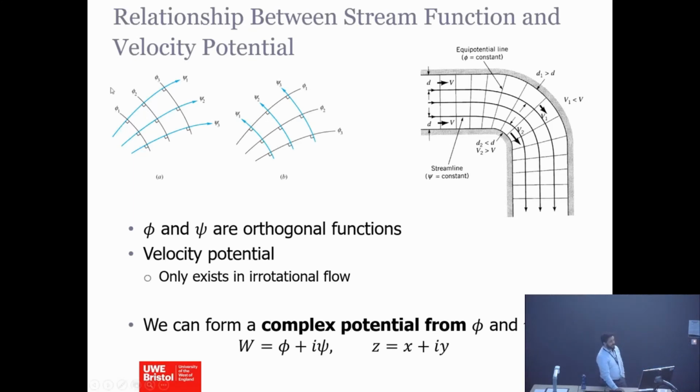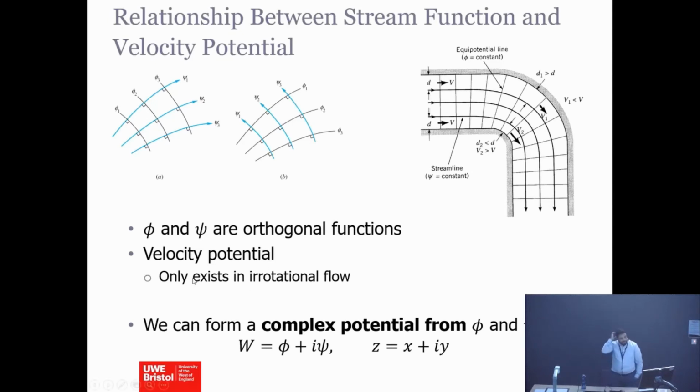If I draw velocity potential lines, phi 1, phi 2, phi 3, and I have the stream functions, psi 1, psi 2, psi 3, they will be orthogonal where they cross. At every point they cross, they are orthogonal to each other, 90 degrees. You can see that on this picture here. And please remember, along a streamline, psi is constant, only psi, not phi.